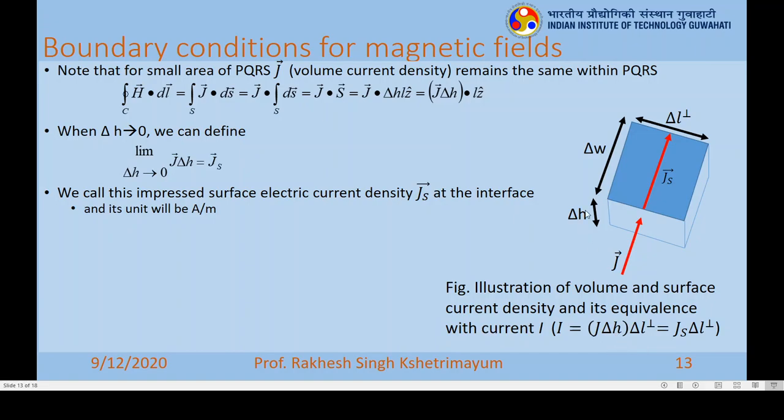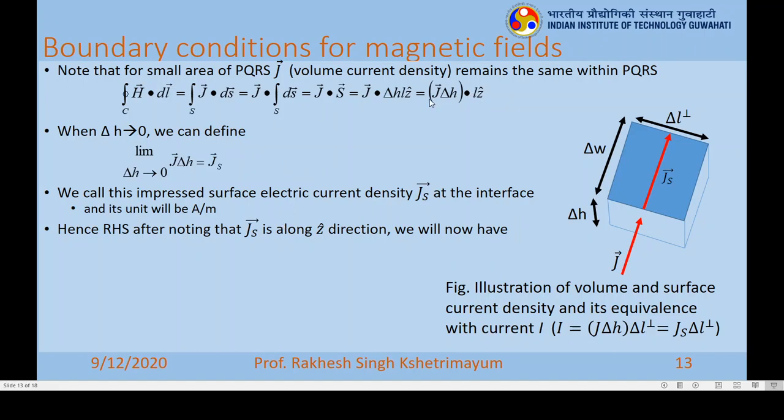Delta h into delta L. You multiply with the volume current density, you get the current. Or you can combine these two terms, J delta h, it becomes Js. When you multiply Js, the surface current density, with delta L, you get current. Okay, so I think the relation between volume current density, surface current density, and the current flowing is very clear to you now.